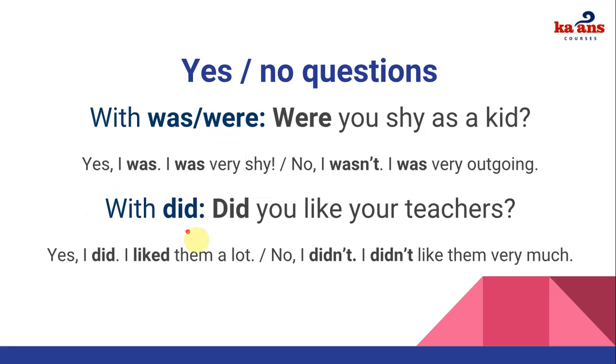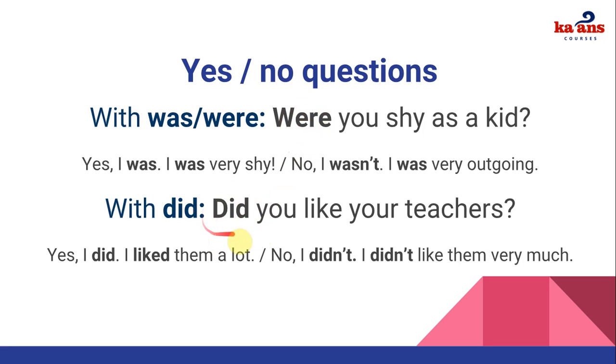The difference is because with did you use different actions, such as like in this example. Okay? And here, as you can see, we make only a combination in the question with only one verb, were. As you can see, we do not have any other action because were functions as the verb.